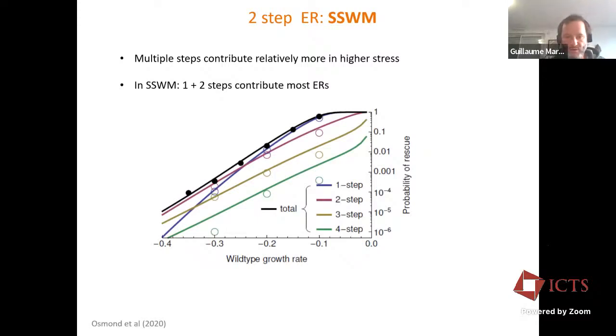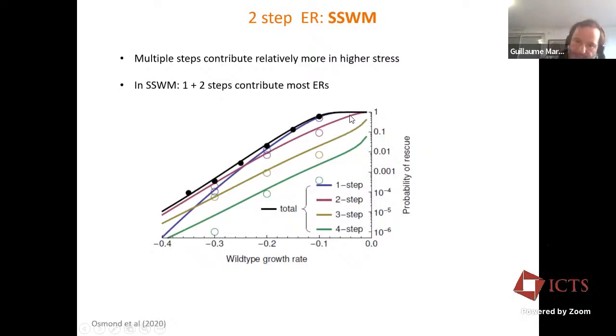So here you have an analytic expression for the probability of rescue in 1, actually 2, 3, 4 steps, but they are ugly numerical integrals. The two-step, I think Matthew had, so that's a paper by Matthew Osmond, had some approximate expression. So anyway, in black, this is the full rescue probability versus the wild type growth rate, or decay rate, but with a minus. So of course, as the decay rate increases, you have less and less rescue.